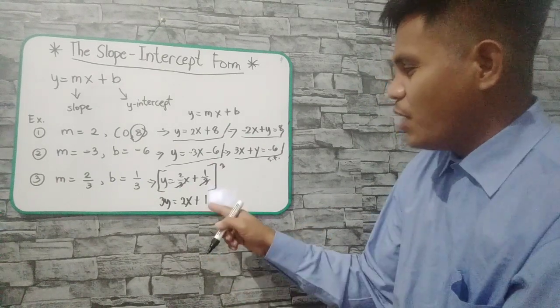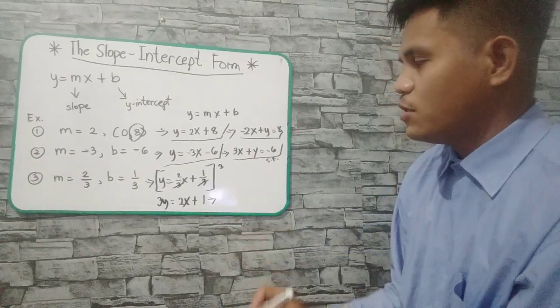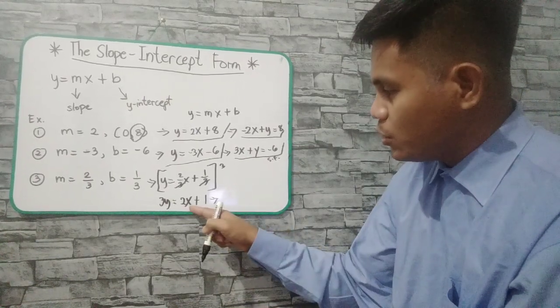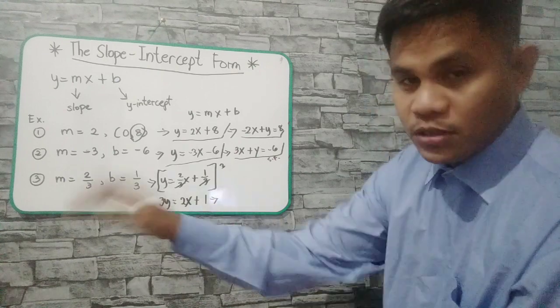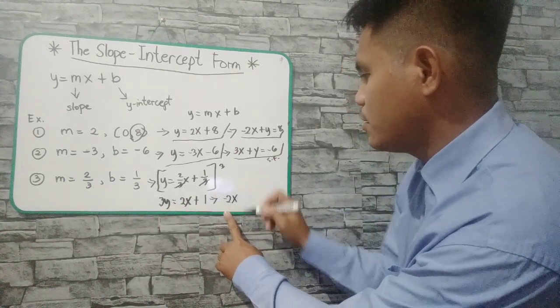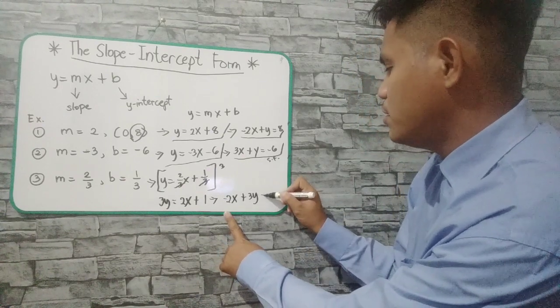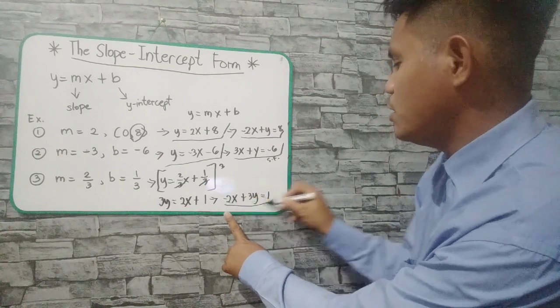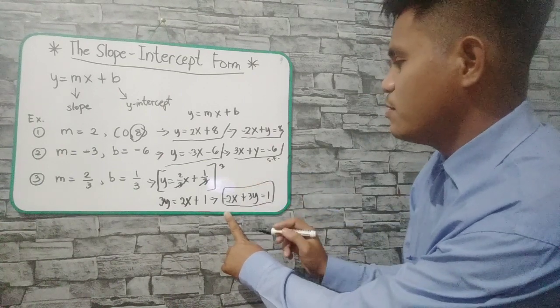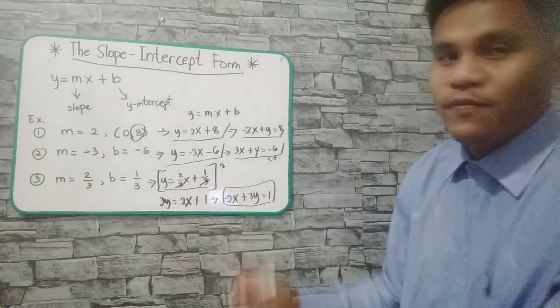Okay, now I think we can transform this into standard form by simply putting 2x from the right side to the left side. So it will become negative 2x plus 3y is equal to +1. So this is the standard form. And of course, this is the slope-intercept form.